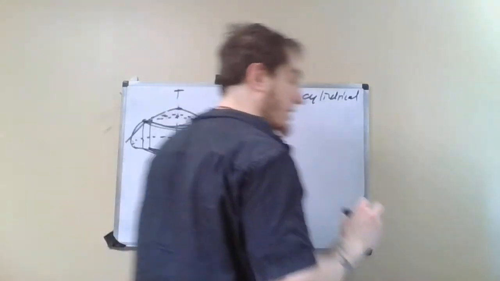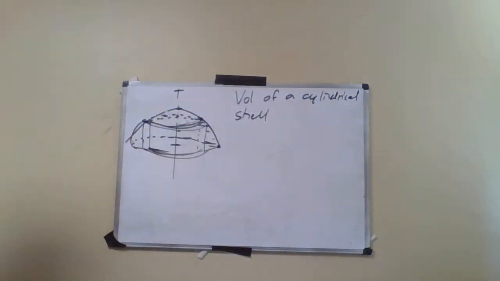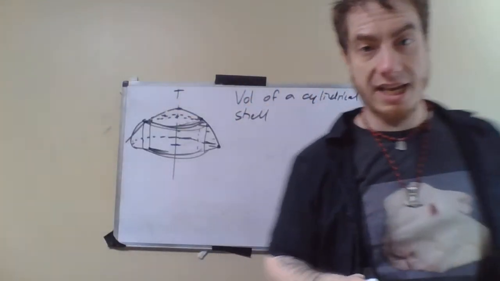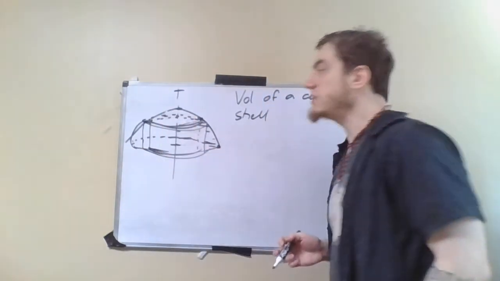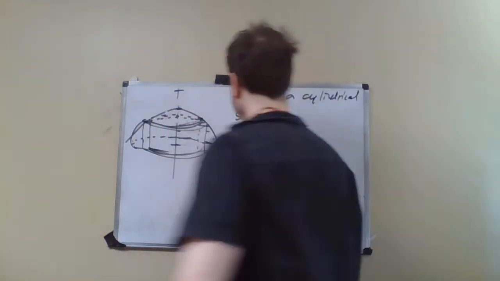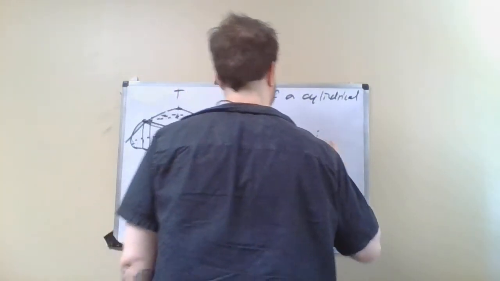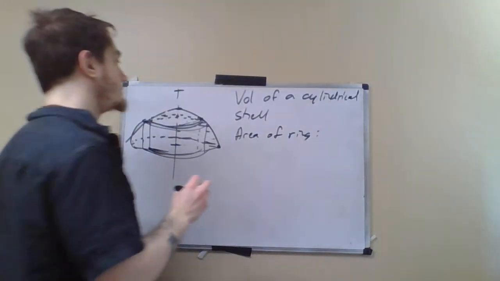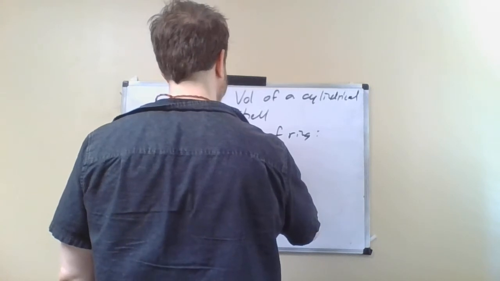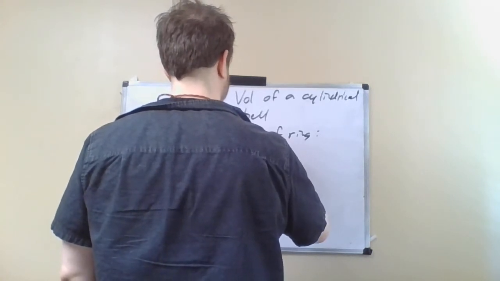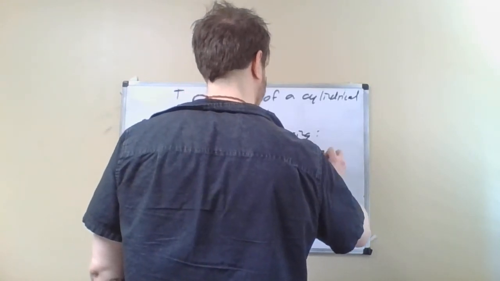And I apologize, I'm trying to write this down and I'm not very fast with writing. So to compute the volume of a cylindrical shell, how do we do it? Well, the basic rule is it is the area of this ring around its base times the height. And the area of the ring is going to be, well, it is pi outer r squared minus inner r squared.